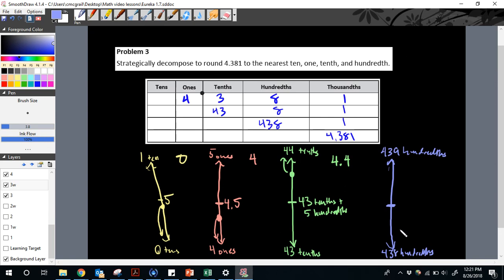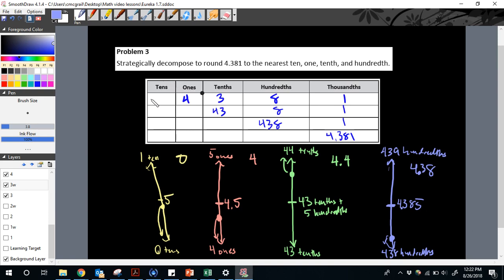Our midpoint is going to be 438 hundredths and 5 thousandths, just like that. If this midpoint has 5 thousandths, how many thousandths does our number have? It has 1 thousandth. So I know that it's going to be down here. Therefore, when rounding to the nearest hundredth, our number is going to round down to 438 hundredths, which looks like that.